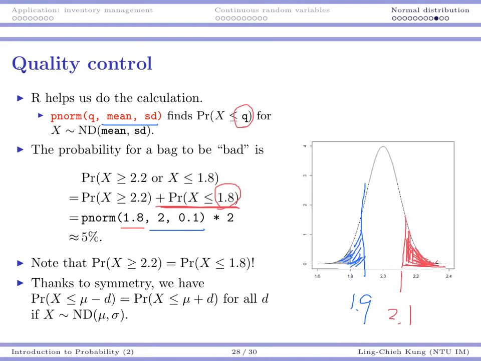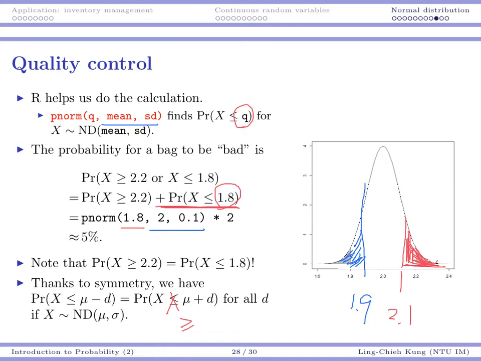In any case, if I want to calculate the probability for x to be greater than or equal to mu plus d, for a certain number d, all I need to do is to calculate the mirror image, the probability for x to be less than or equal to mu minus d. So anyway, I can use R and apply this observation to get my probability.